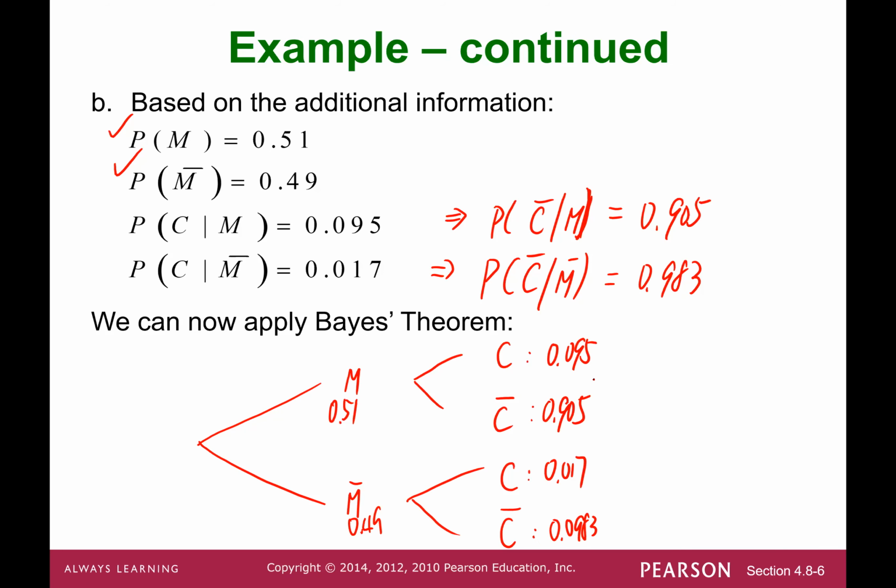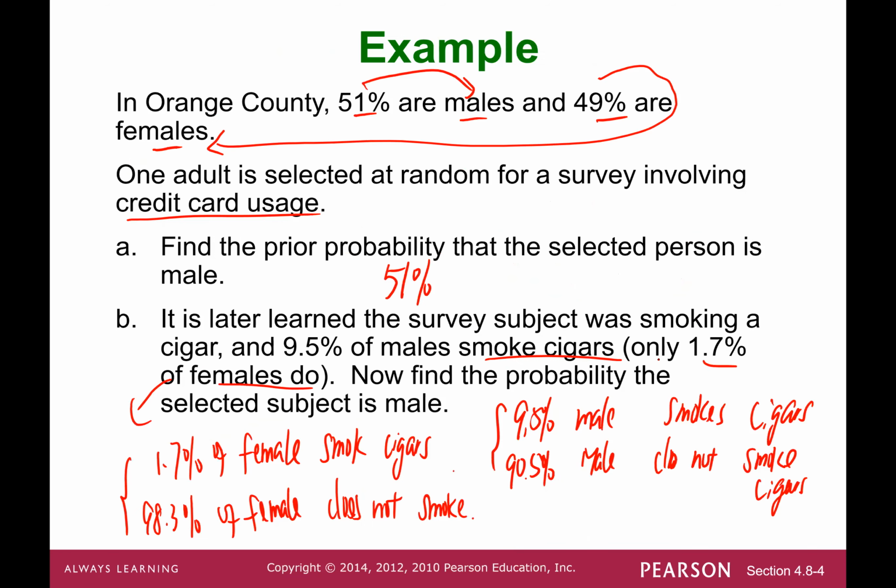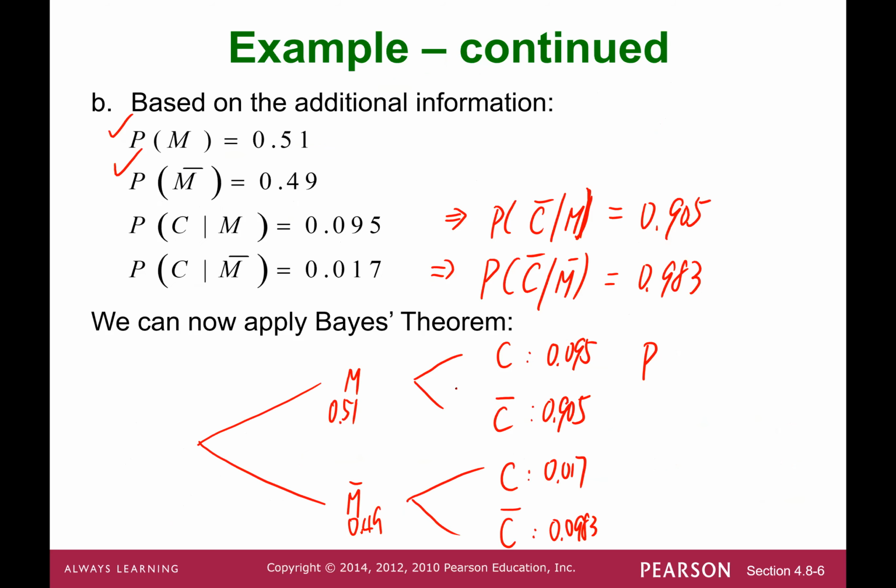And eventually, what they want us to find is the probability of... let's go back to the question and see what they want. Now find the probability that the selected subject is male, right? So male smoking cigars. So the probability of male given that it's a cigar smoker.